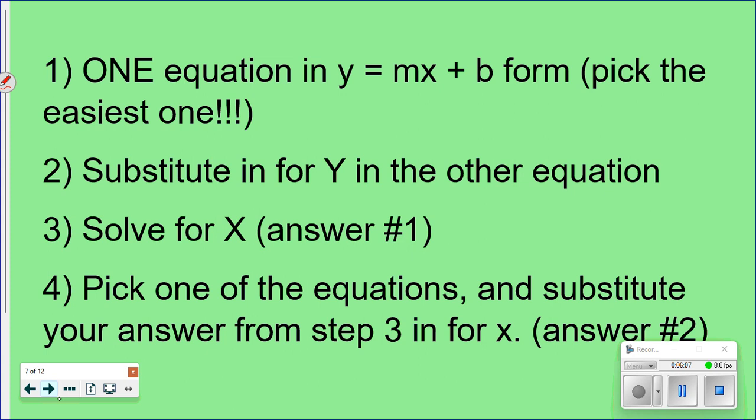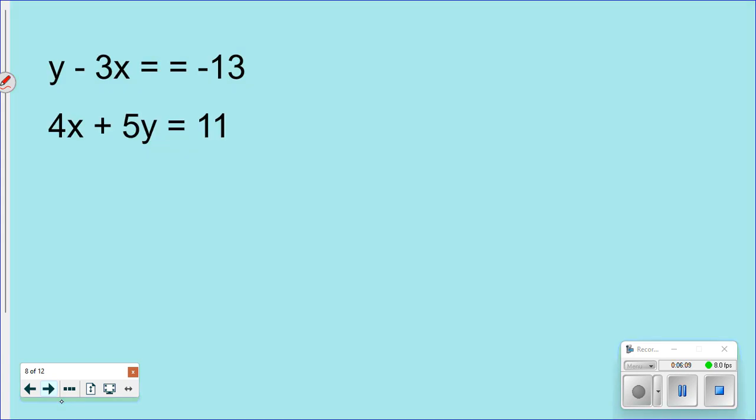All right, so let's give it a whirl. You're going to be given two equations, like a system again, and instead of graphing them, we're going to solve them algebraically. So here's my 1 and here's my 2. Now the first step said to put one of these into y equals mx plus b form.